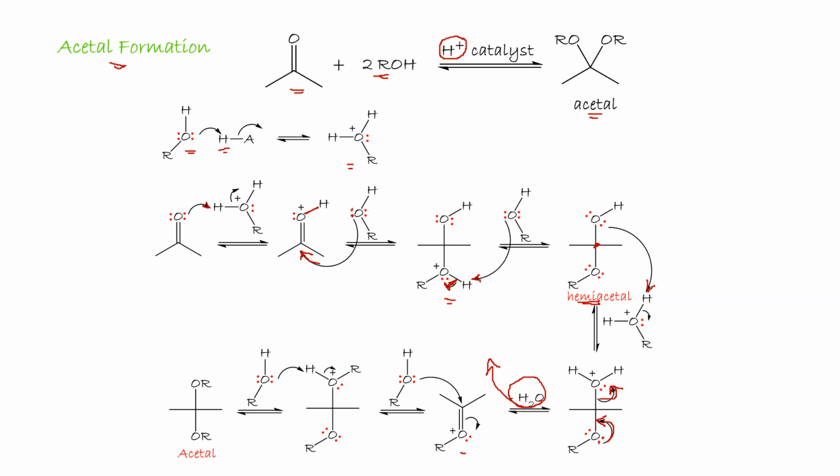So here we have O plus. This species, the carbon in the resonance structure will have the positive charge. Here the oxygen lone pair attacks, forming this oxonium, hydrogen transfer to form acetal.